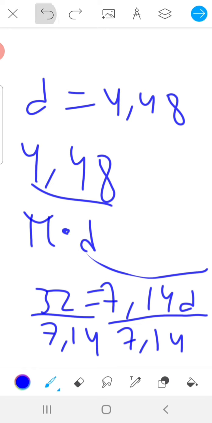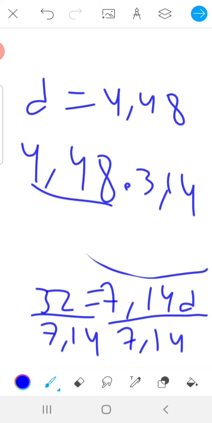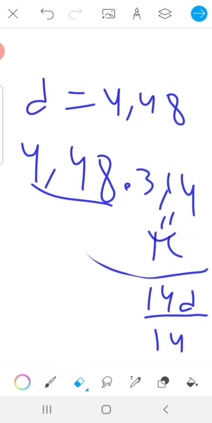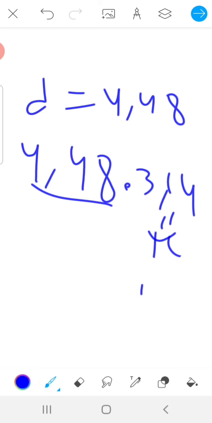So now that we know the diameter is 4.48, we just do 4.48 times 3.14, because 3.14 is equal to pi. And then when we do that, we get a specific number that I'm not going to calculate, but you can do it with your calculator, and you'll see that it is going to give you the right answer.